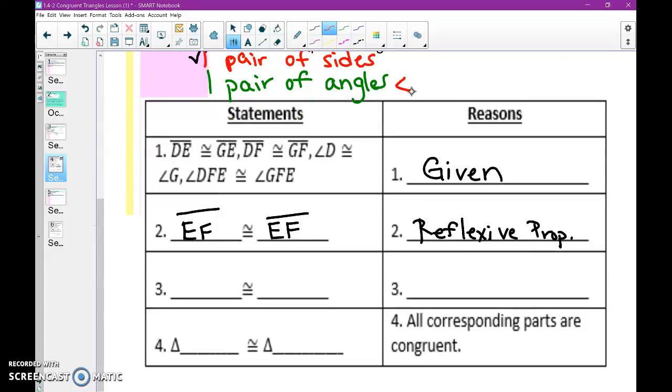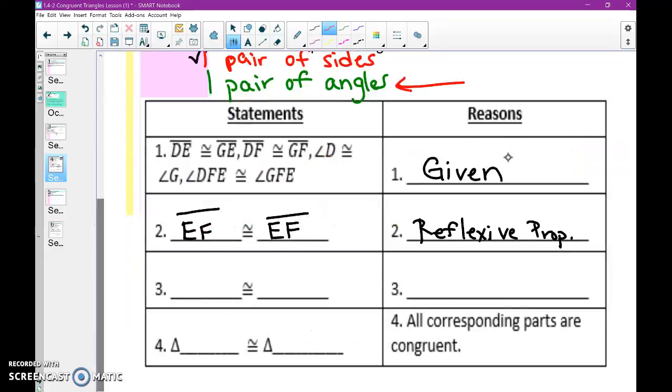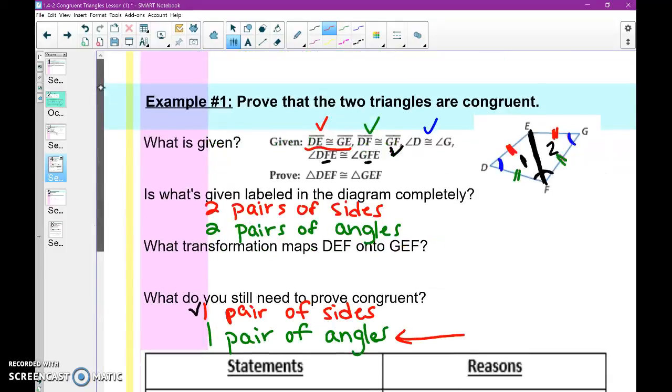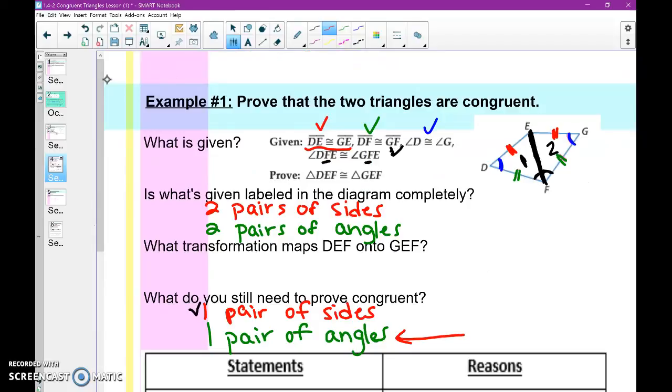We still have 1 pair of angles that has to be proven, though. They've already given us 2, okay, which is great. We still need to figure out that 3rd one. So let's figure out what the remaining angle actually is. In triangle number 1, we've got the blue angle and this black angle here. So we're missing this red one.